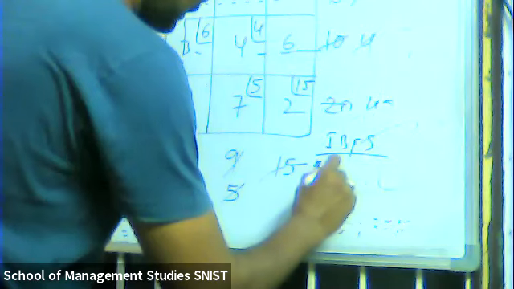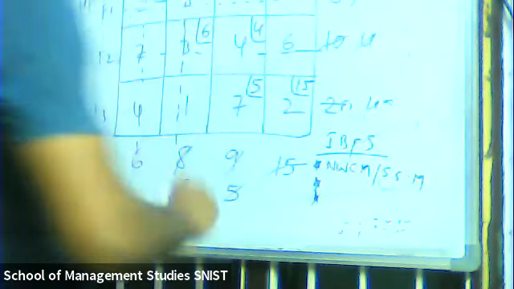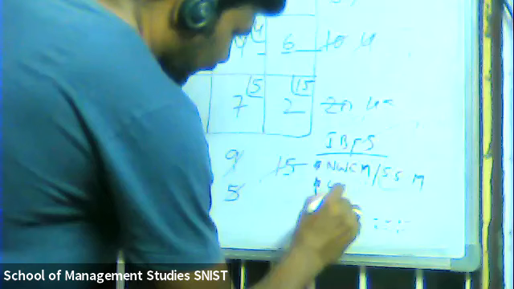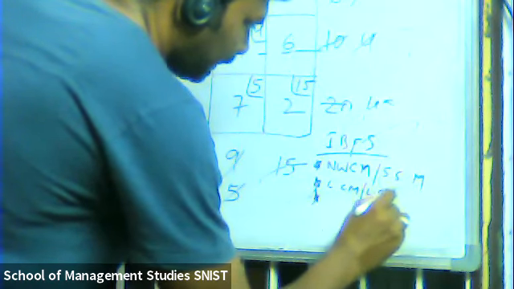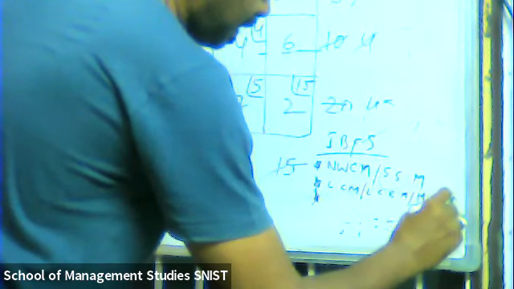Northwest corner method, also called the stepping stone method. Second one? Least cost method, also called the lowest cost entry method or matrix minima method.